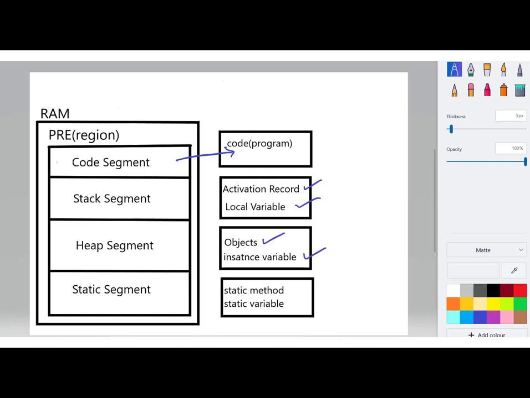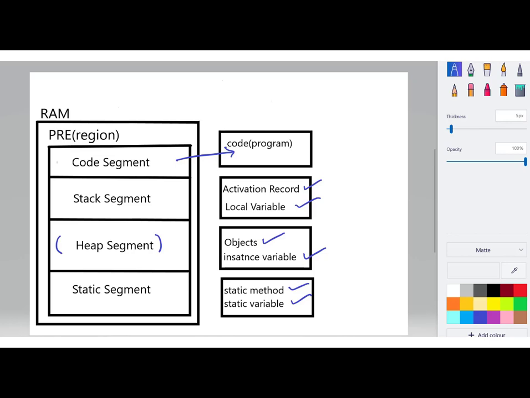In this static segment, we have static methods and static variables. These 4 segments are the most important for creating objects. Among them, the heap segment is the most important for storing objects, and it contains all objects.